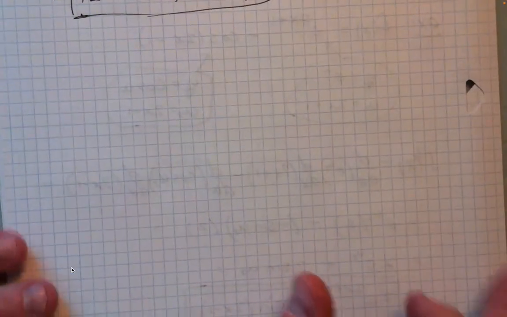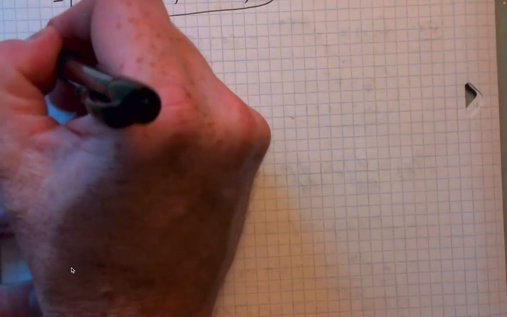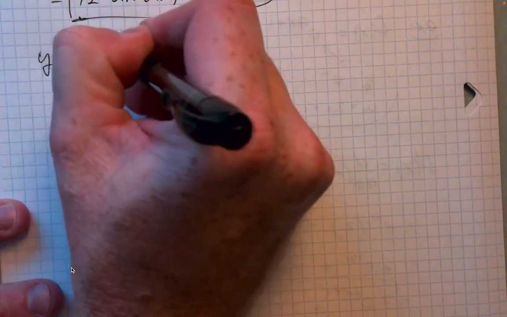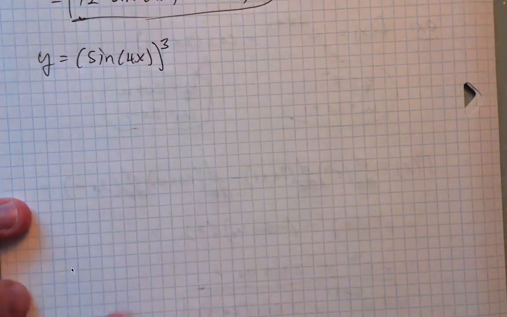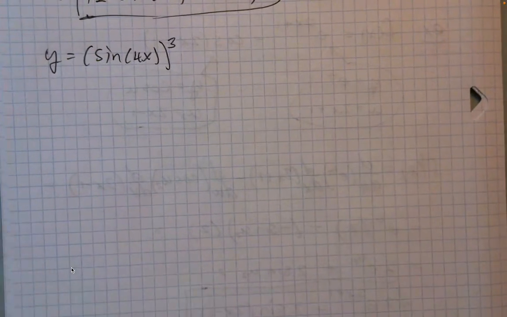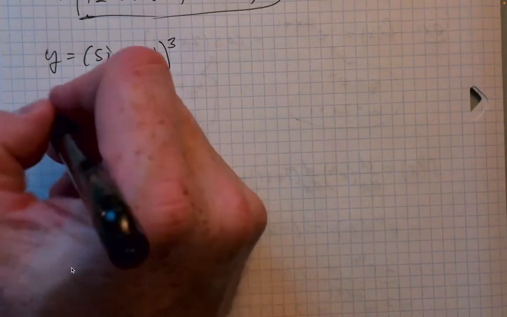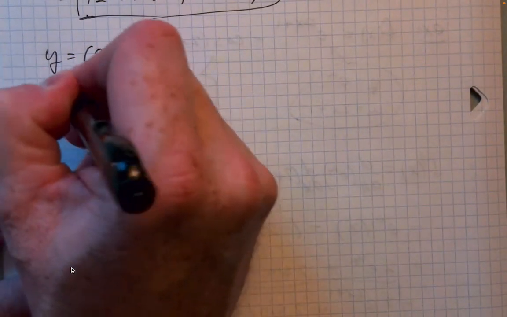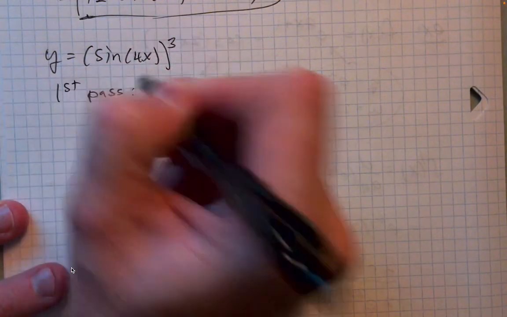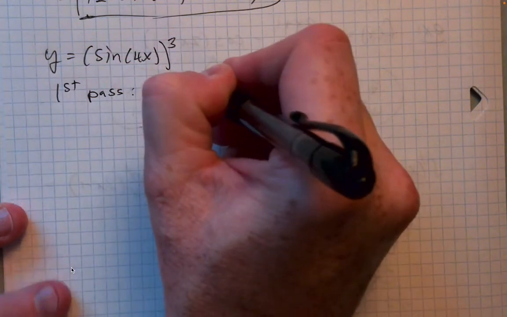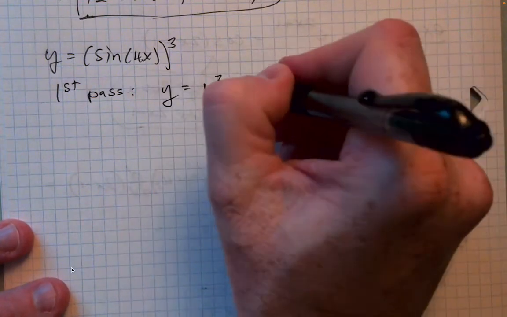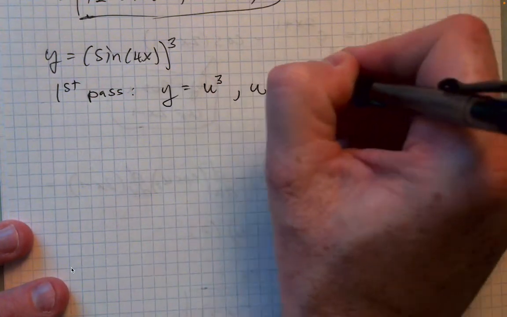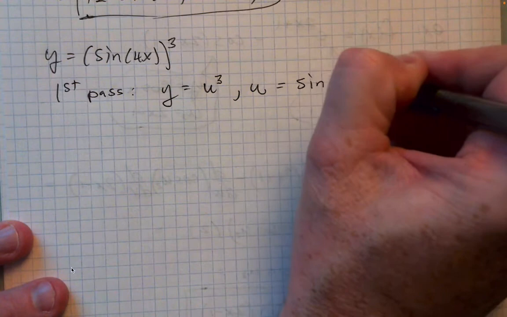But let's think about the function y equals sine of 4x to the third power. Let's think about it using the notation that we're used to at this point. So first pass, it's a two pass here. We're going to say y is equal to u cubed, and u is equal to sine of 4x.